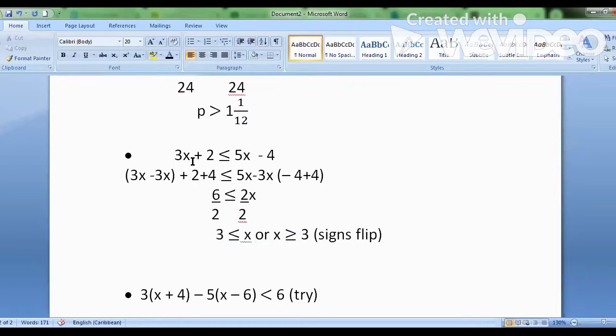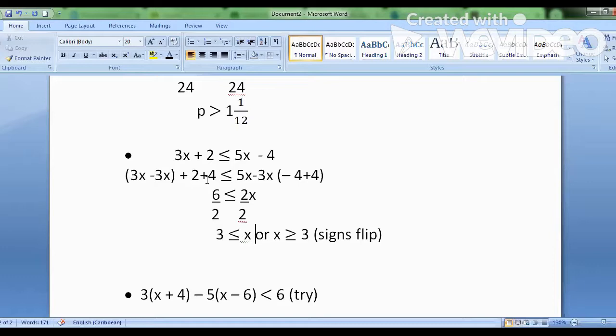Because you're going to have 3x minus 5x, you're going to have minus 2x less than or equal to negative 4 minus 2, because you're going to subtract 2 on the left and 2 on the right. So negative 4 minus 2 is what? Negative 6. So you're going to have negative 2x less than or equal to negative 6.